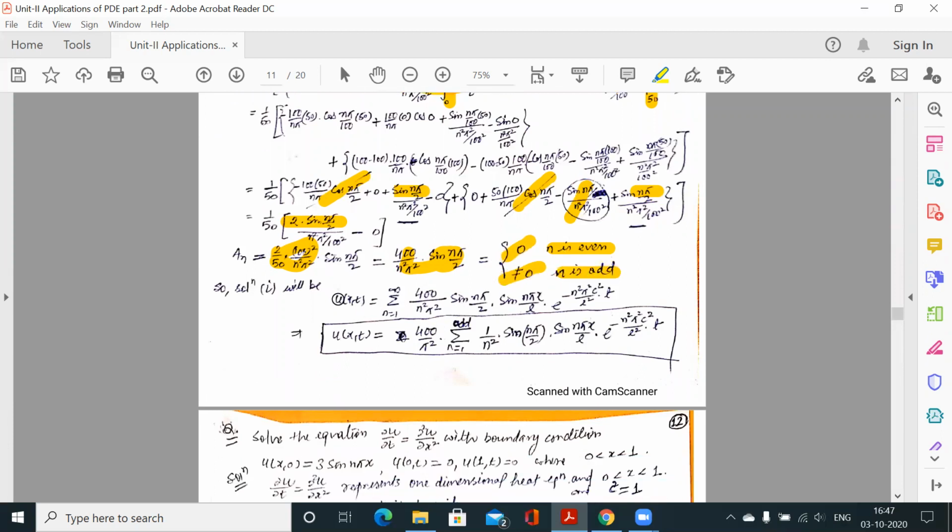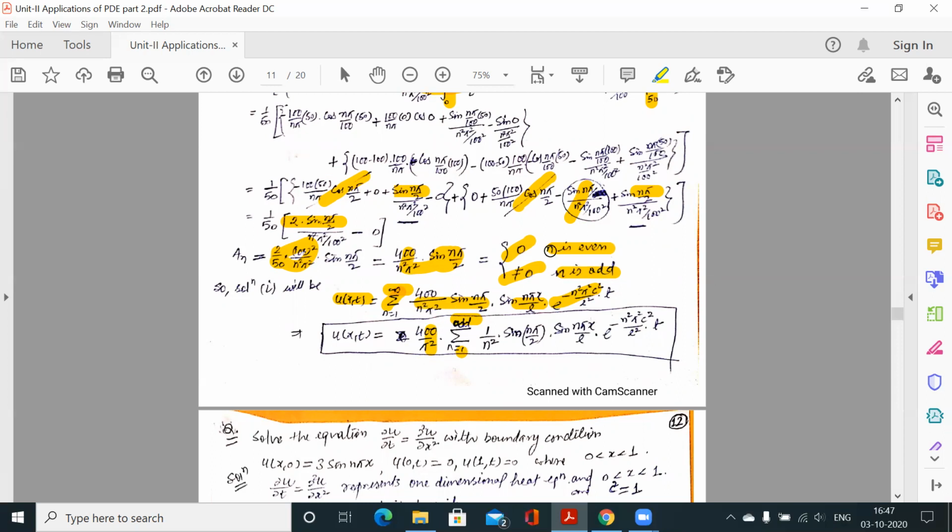So substituting the value of a_n in the answer, u(x,t) is equal to summation, this is a_n, this is sine, this is e. So 400 over pi square outside, and n from 1 to infinity, now odd, for odd numbers, because for even the a_n is 0. So it will not contain terms like 1 over 2 square, 1 over 4 square, 1 over 6 square, because 1 over n square is here.